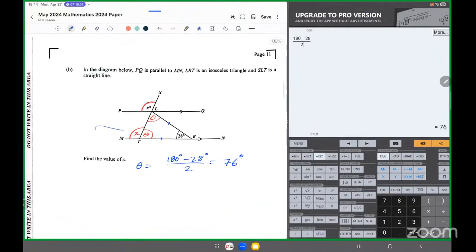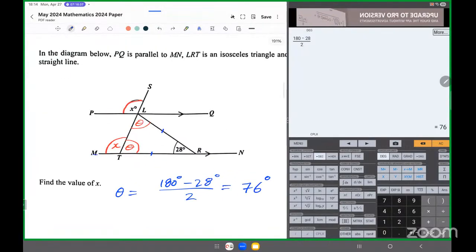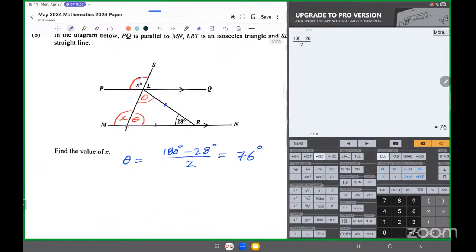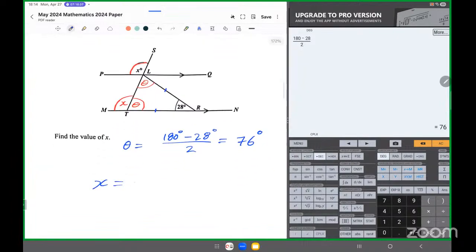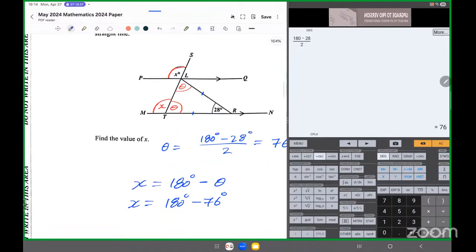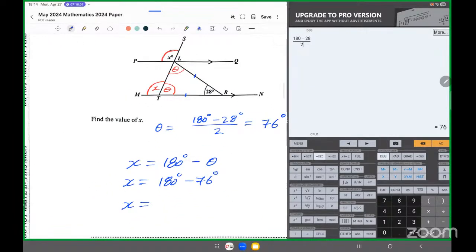And then right here, x is equal to the total along a straight line, which is 180. So x is equal to 180 degrees minus theta, so 180 degrees minus 76 degrees, which is 104 degrees.